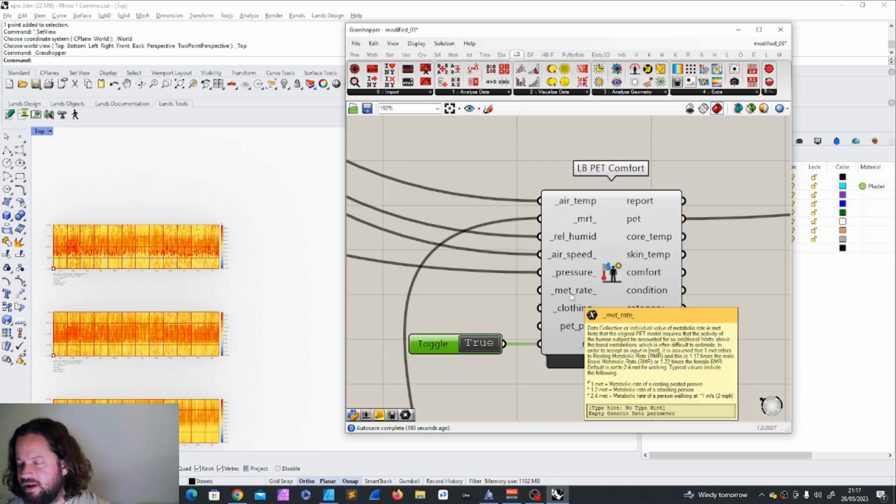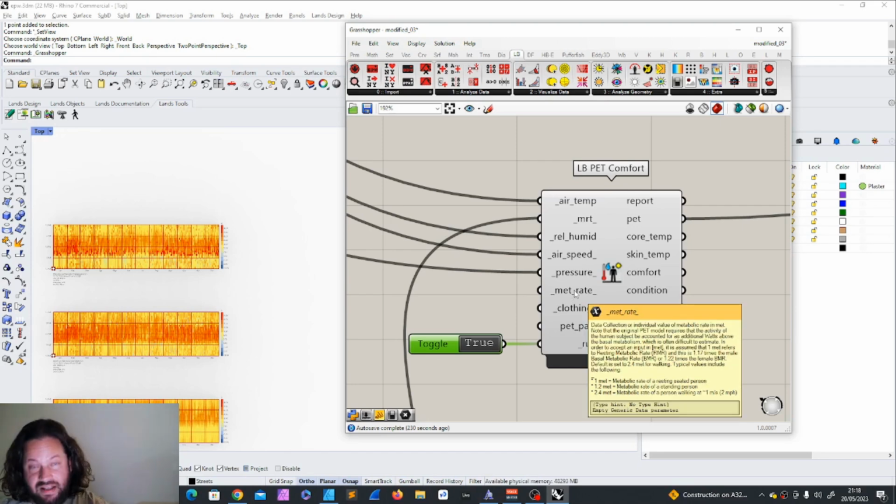Okay, what's the MET rate? The MET rate is the metabolic rate. Let's just try it out. Okay, the data collection or individual value of the metabolic rate in MET. Note that the original PET model requires that the activity of the human subject be accounted for as additional watts above the basal metabolism, which is often difficult to estimate.